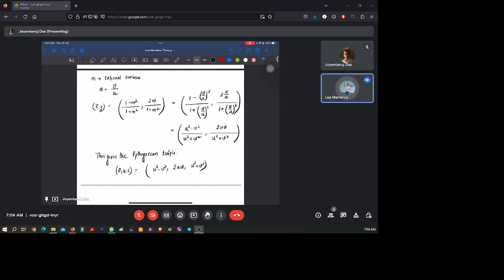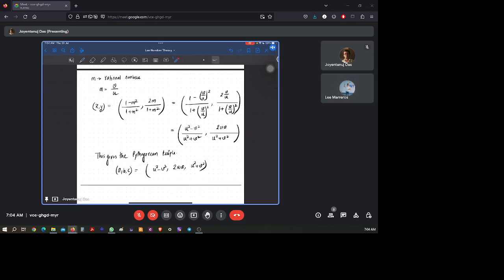But how come u square minus v square is equal to a? The thing is, we know that b is always an even number, so b has to be this one, because 2uv is an even number. Once this is fixed, then this has to be a, because a square plus b square equals c square. So u square plus v square is the bigger quantity.